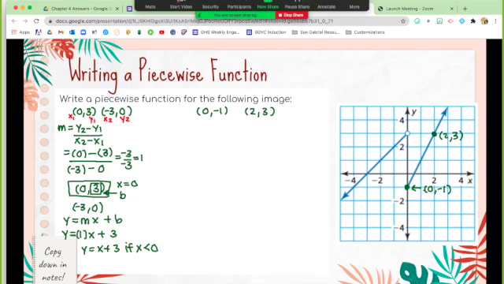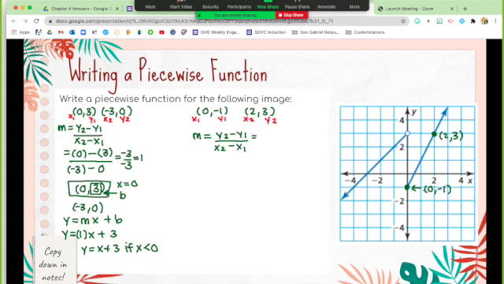I need to identify what my x1, y1 values are: x1, y1, x2, y2. Then after I do that, I can identify the slope, which is y2 minus y1 divided by x2 minus x1.